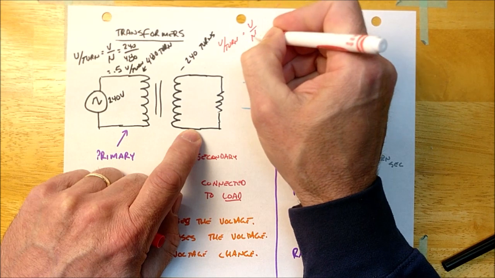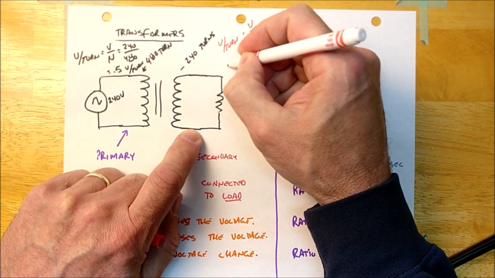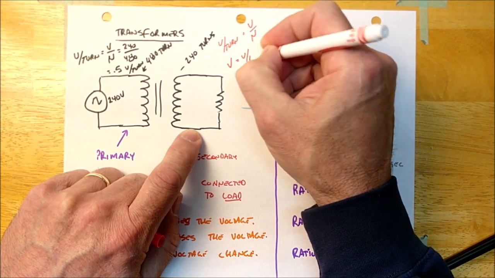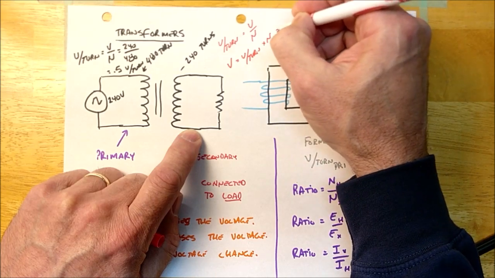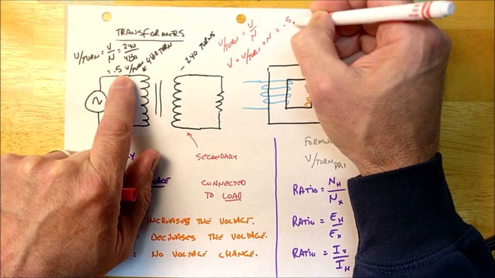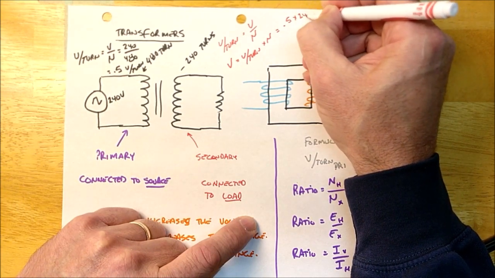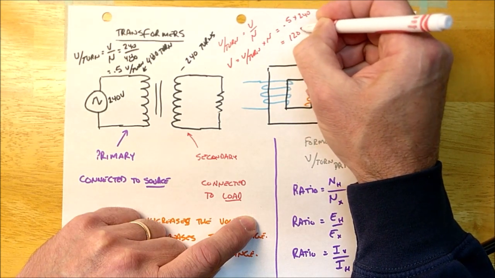And I know the number of turns and I know the volts per turn. So if I transpose this, the volts is going to be the volts per turn times the number of turns. All right, guys? And so it's going to be the 0.5 volts per turn that I have on the primary, and I'm going to multiply that by the 240 turns, and I'm going to get 120 volts.